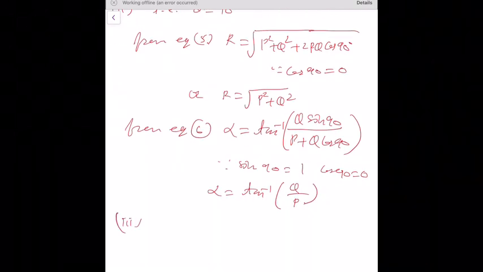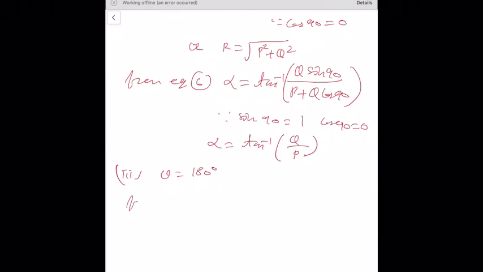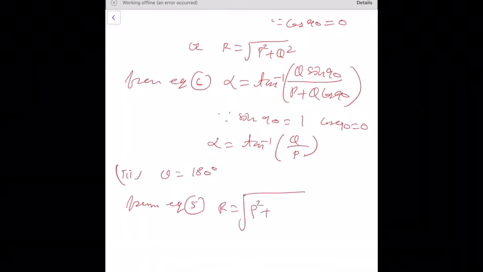Next, third condition, when P and Q vector are in opposite direction, that is theta equal to 180 degree. From equation 5, R equal to P square plus Q square plus 2PQ cos 180 degree.